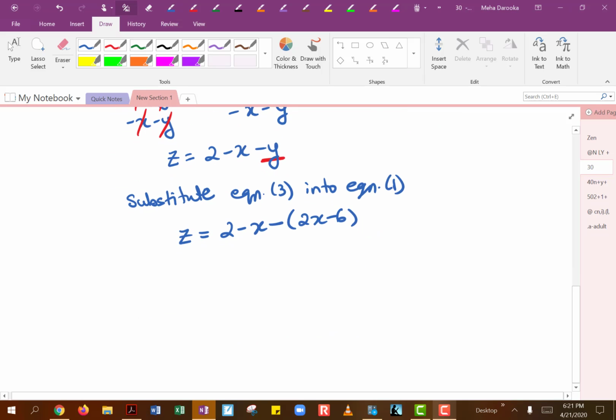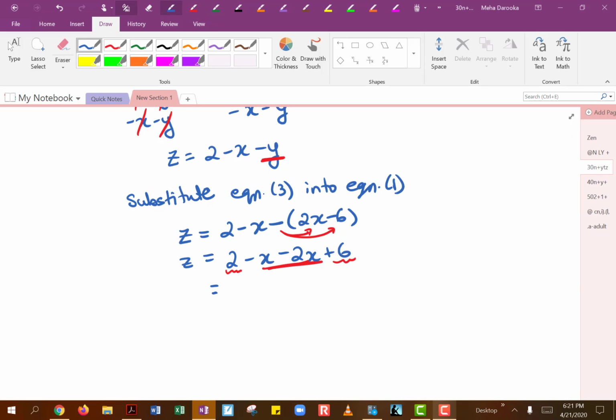Okay, so let's simplify this. This negative will be distributed, and you will end up getting 2 minus x minus 2x plus 6. Combine all your like terms, so these two can be combined together, and these x terms can be combined together, and we will end up getting negative 3x plus 8 when we clean all of this up.